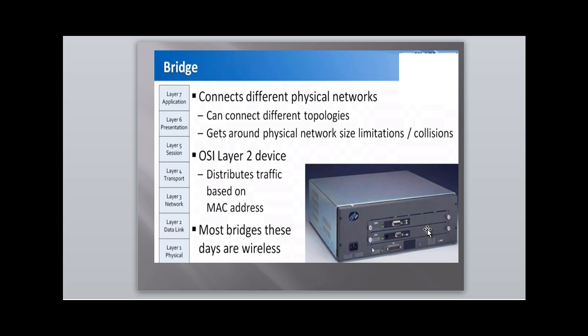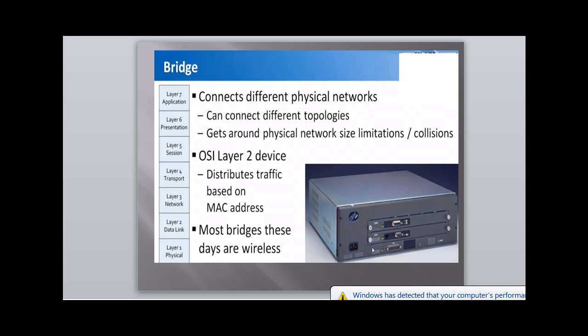So the bridge, the first time, asks the name by sending a broadcast. The second time, if you want to send from computer A to computer B or D or any other computer, it receives and sends to that particular computer.